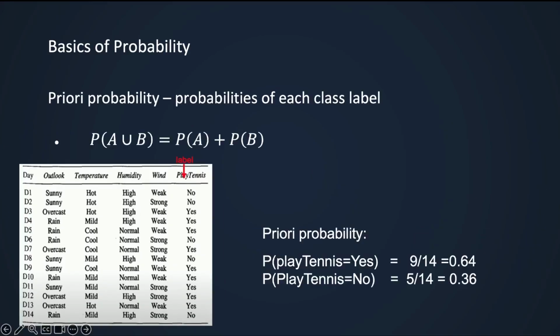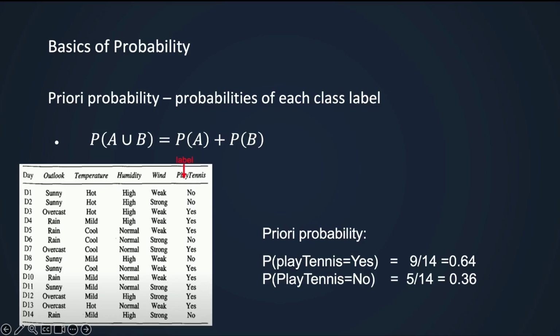Prior probability. This statistical measure captures the probability of occurrence of each class label in the given dataset. For example, in our dataset, out of 14 instances, 9 instances have the yes.